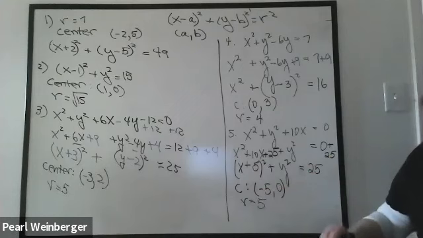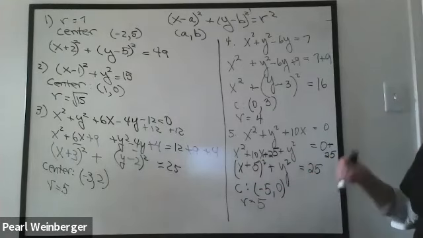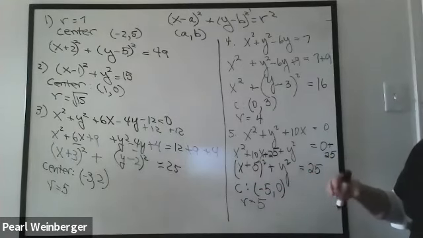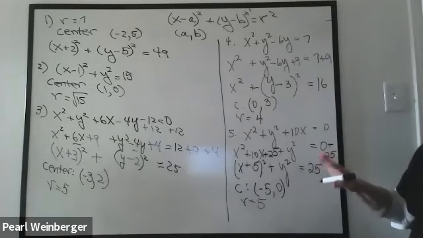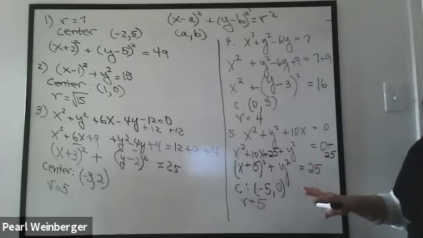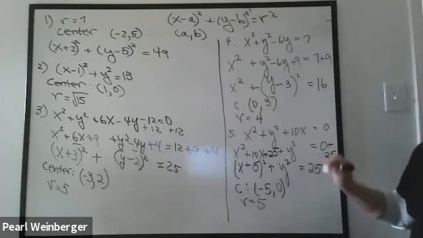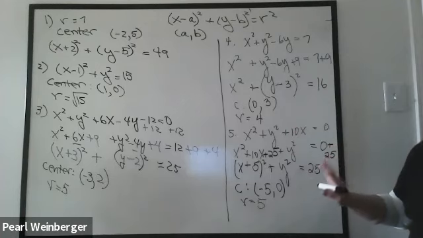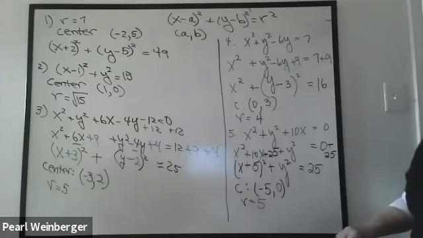So those are the type of questions you would be required to do for circle problems. Remember, we're dealing with the conic sections, and this is the first one that we discussed was the circle. So that is the way we would do these problems.